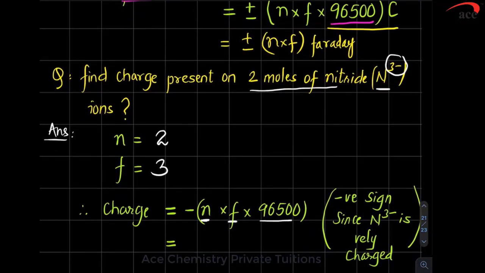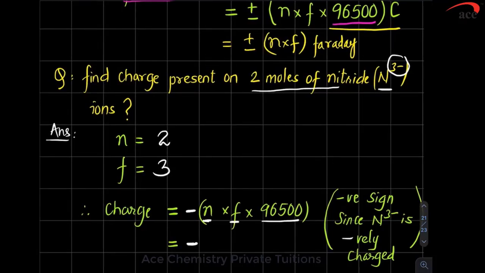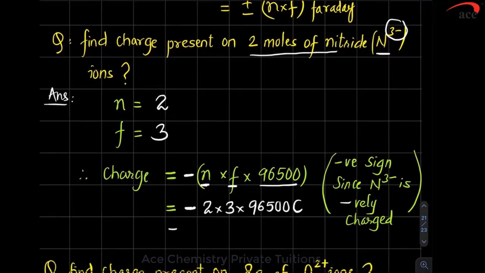N multiplied by factor multiplied by 96,500. And why minus? Because you're dealing with a negatively charged ion. If you're dealing with negatively charged ions, you have to write minus. So in the place of n, 2, factor 3, multiplied by 96,500 coulomb. That's the answer.